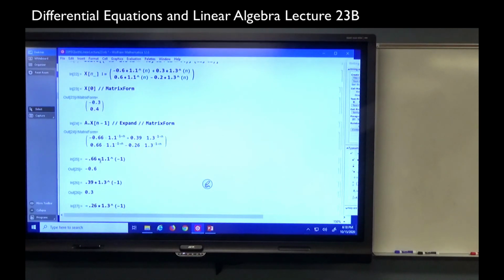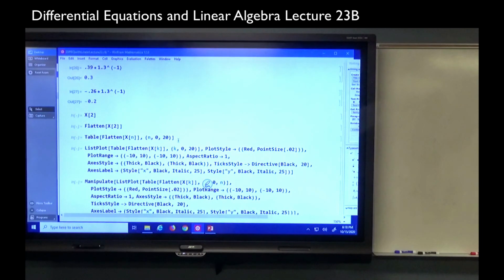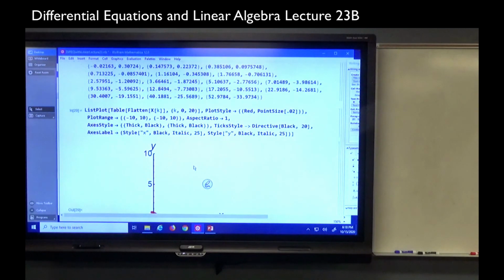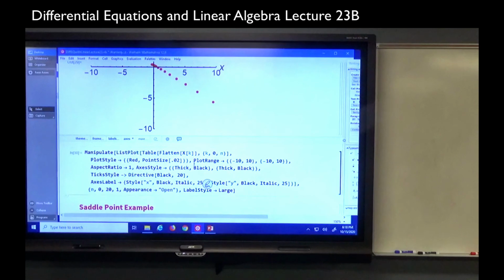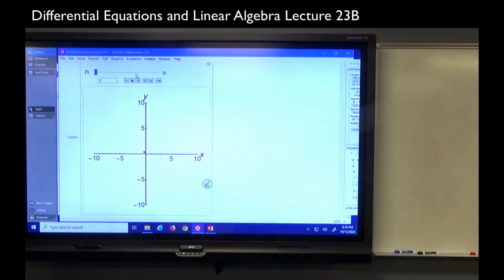You do see, for example, you get a negative 0.6 here just to match the negative 0.6 here. Again, the reason you have to do that is because Mathematica puts the answer in a strange form with n minus 1 powers instead of n powers. And these points go off to infinity. Here's the plot, and here's the animation. They move slowly at first, then they speed up.